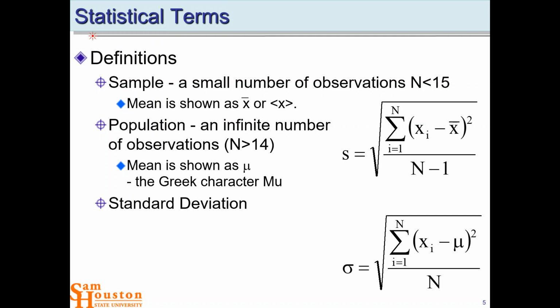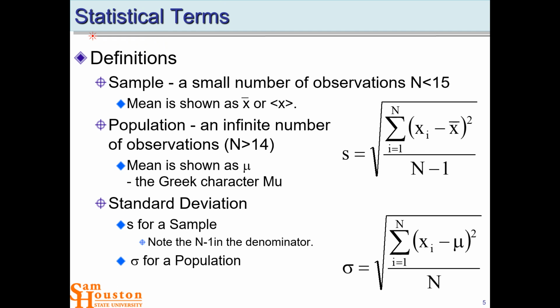Now, the sample has n-1 in the denominator, and the population has just n. And so why is that? Remember, what are we reporting the standard deviation for? Okay, yeah, for our control chart, we're deciding whether we should take action. Is it better to take action a little bit more often to keep things tighter, or to just stand back and let things get as bad as they possibly can before we take action?